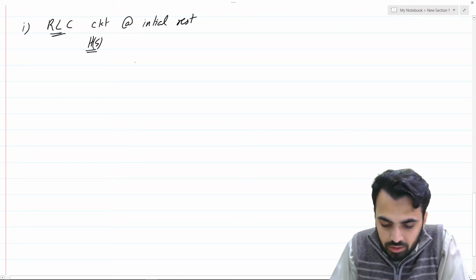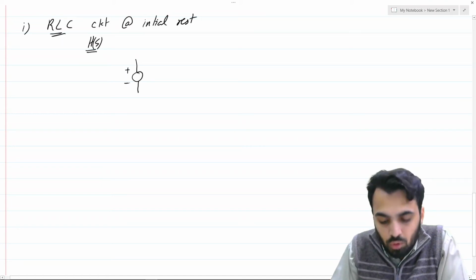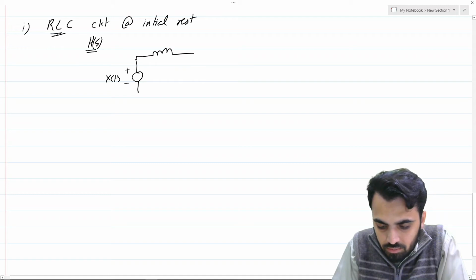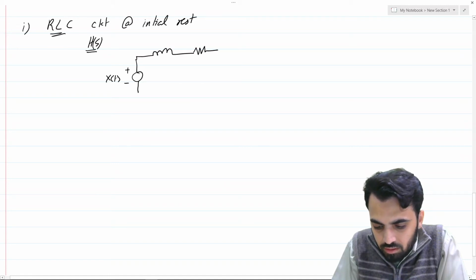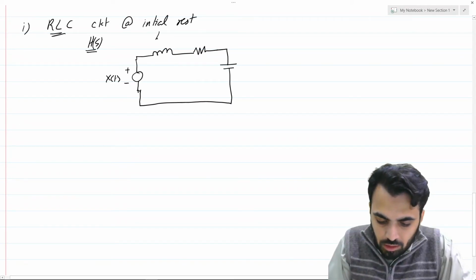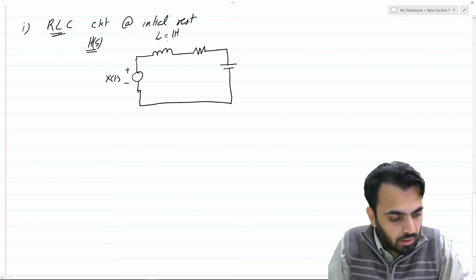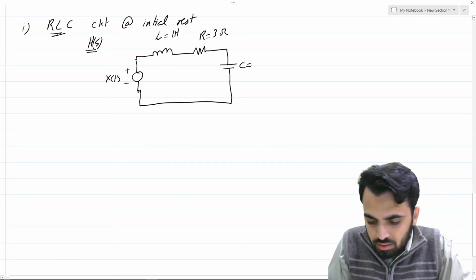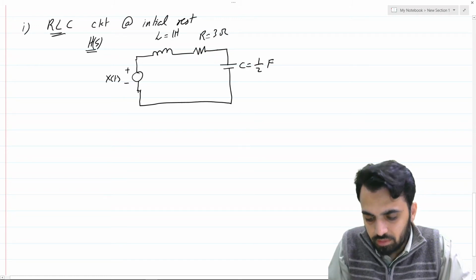So say our circuit is having a voltage source, say x(t), and then we have an inductor followed by a resistor and a capacitor. So the value of the inductor is 1 Henry, the resistor value is 3 ohm, and capacitance is 1/2 farad.